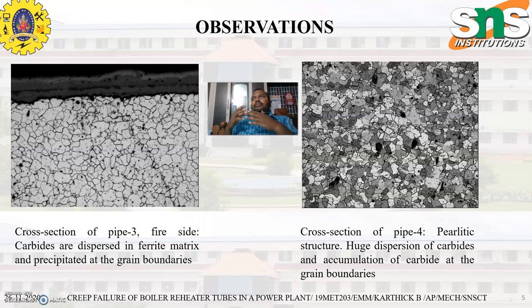Like in a heat exchanger tube, we can have some pressure constantly applying on it, along with temperature. This pressure acts as a constant loading, and the combination of these two will form the creep. As this goes on, the third, tertiary creep occurs. Once the tertiary creep occurs, it will move more rapidly, more vigorously, and the failure happens.